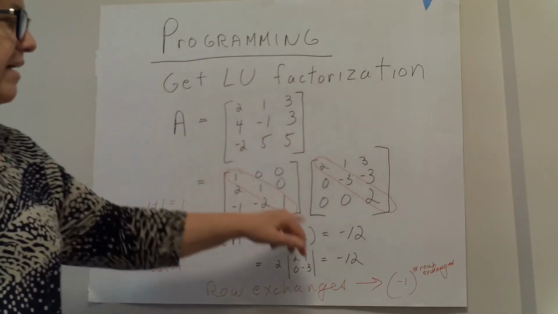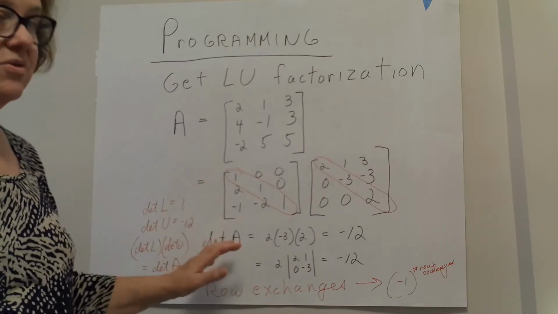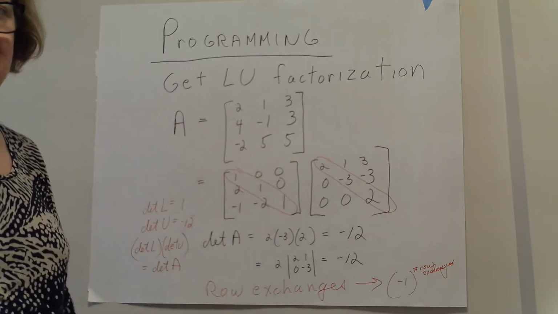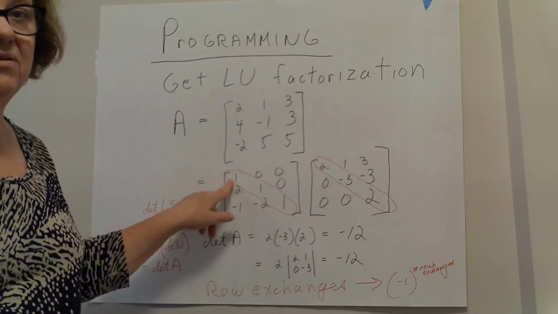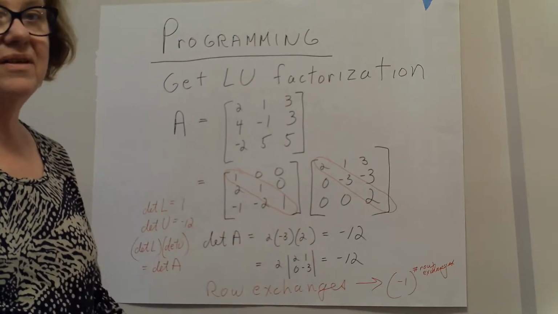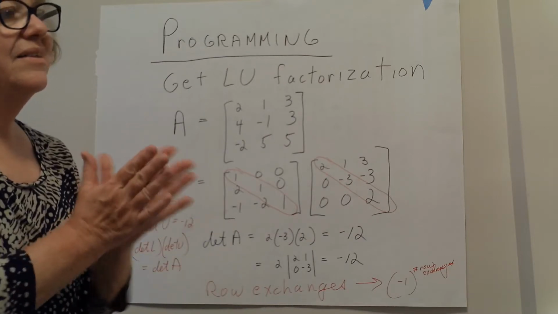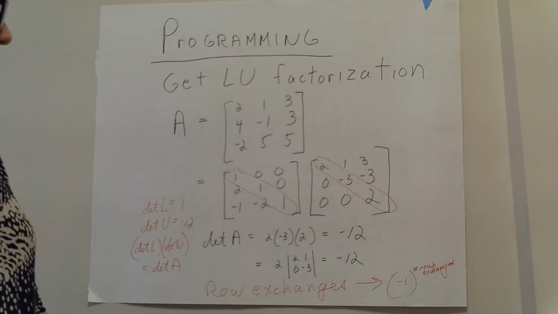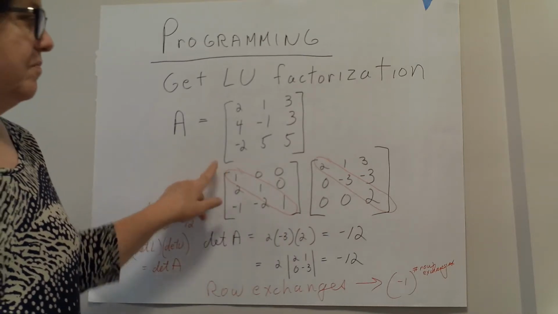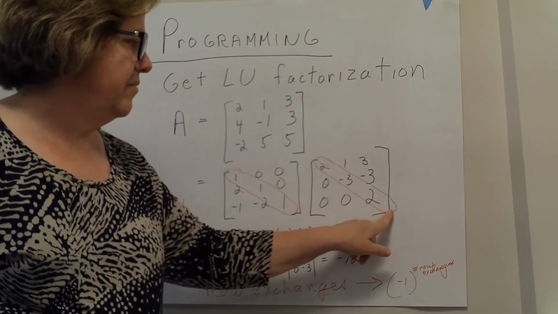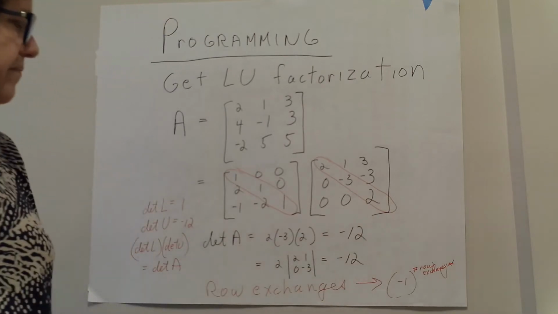Whenever you have a diagonal, lower triangular, or upper triangular matrix, the determinant, because of the way the cofactor expansion goes, is just the product of the diagonal elements. Yay, that's easy. The product of these diagonal elements is 1. The product of these diagonal elements is negative 12.